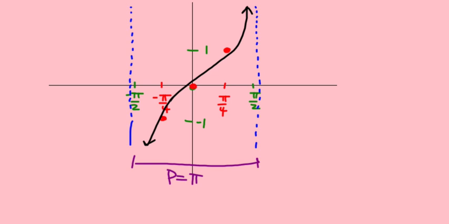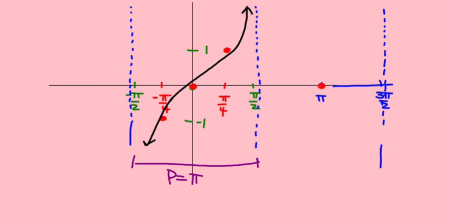So if I wanted to continue another revolution, I could. I would take pi over 2 and add another pi. So I would be at pi here, and then continue on to 3 pi over 2. And then I would create my asymptote at 3 pi over 2. And then I would have my center point of 0 at pi.